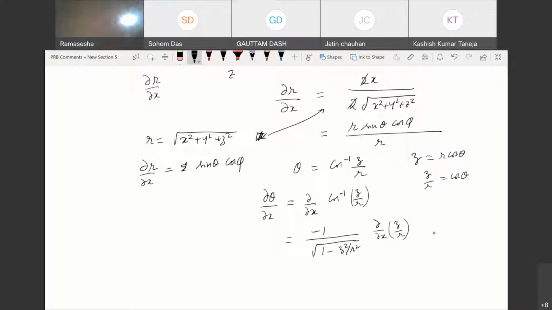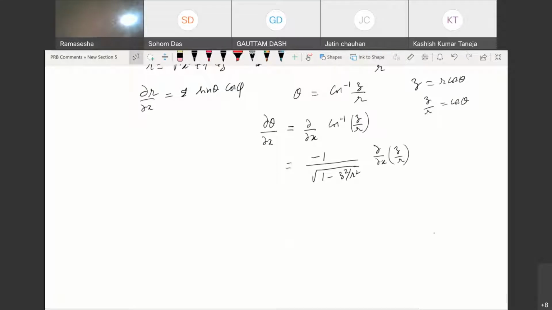Because this is the cos inverse t, so del by del t of cos inverse t is minus 1 upon root of 1 minus t squared.